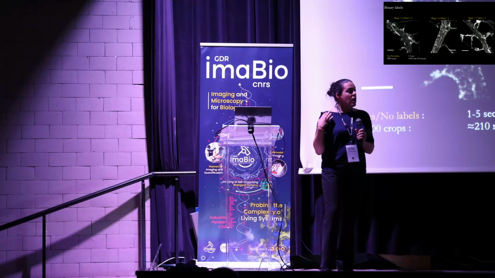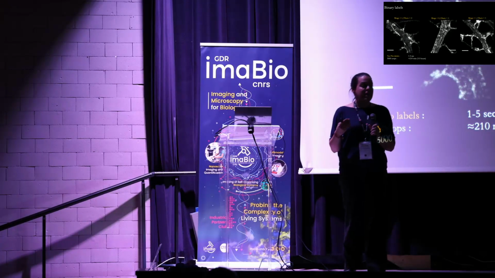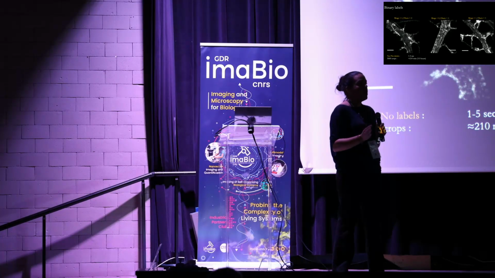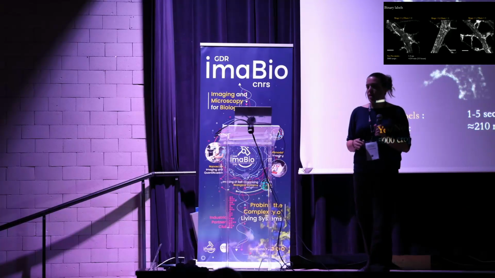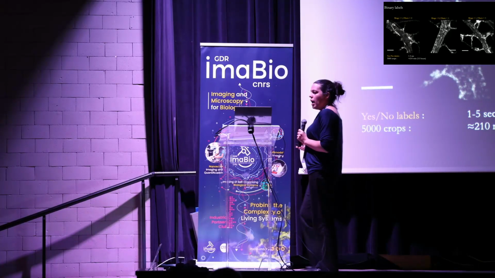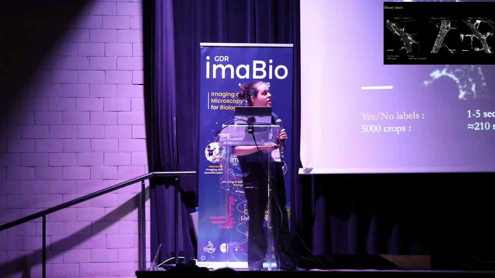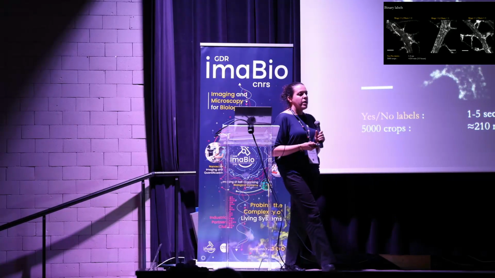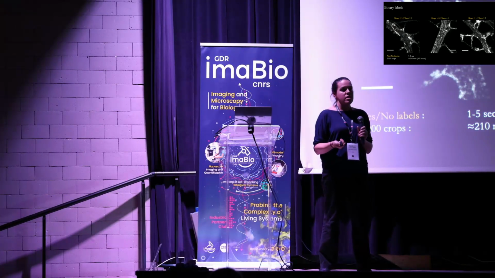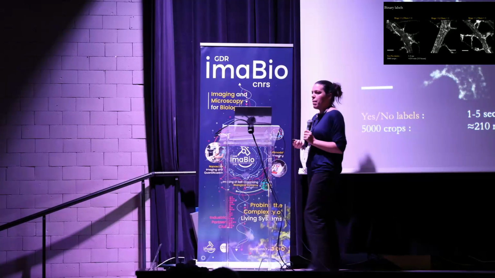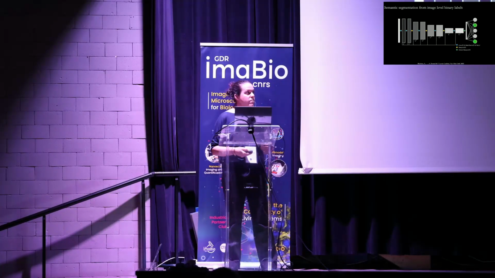So we wanted to work with binary labels, and we applied that to multiple data sets, but today I will concentrate only on the F-actin data set. And so we wanted to develop a model that would be able to work with binary classification labels, but still produce segmentation maps, because that was what we wanted to quantify.